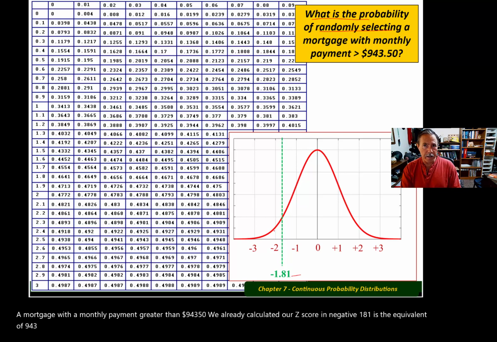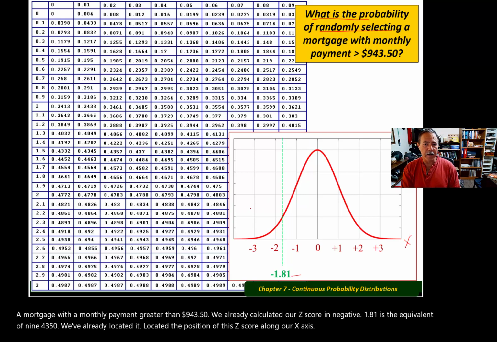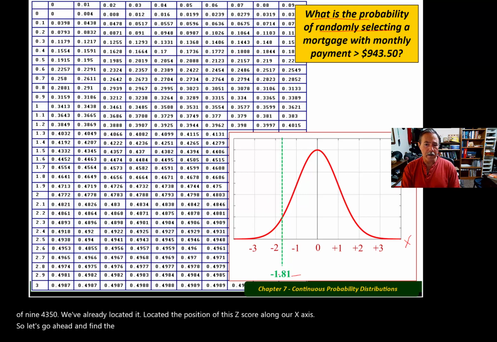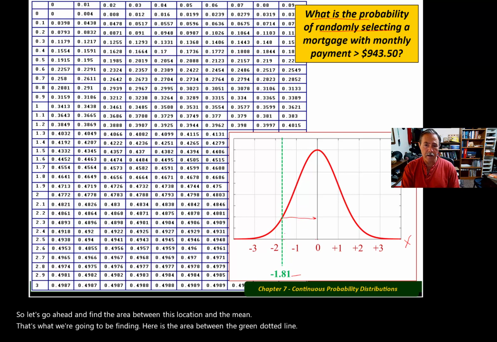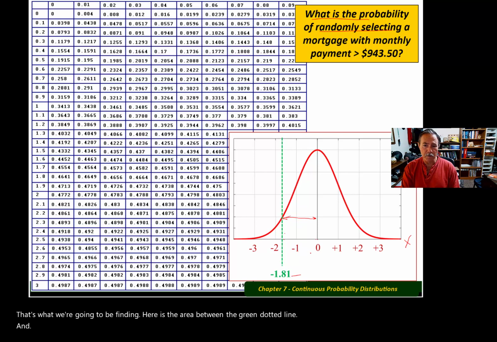We've already located the position of this z-score along our x-axis. So let's go ahead and find the area between this location and the mean. That's what we're going to be finding here, the area between the green dotted line and the line representing the mean.